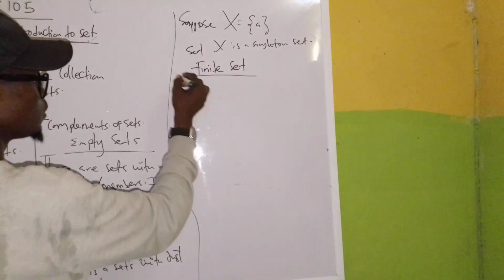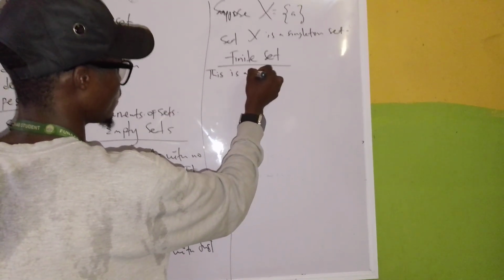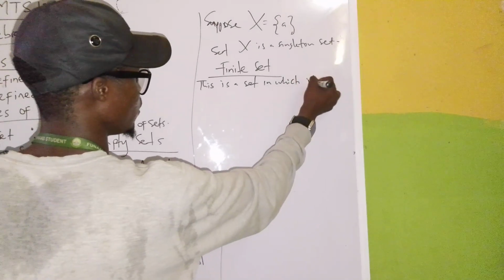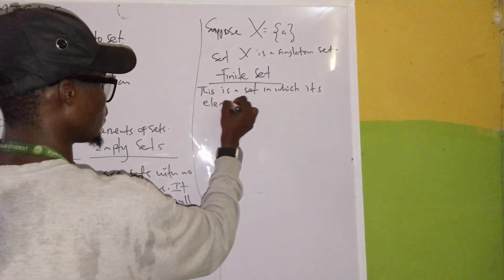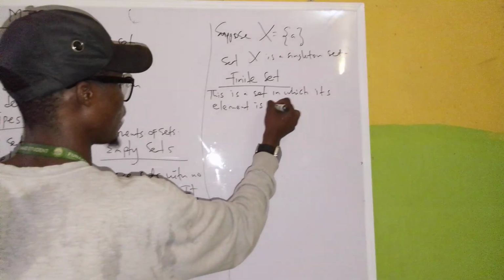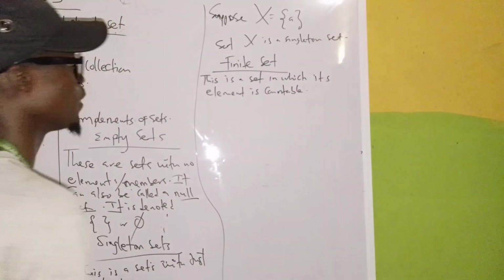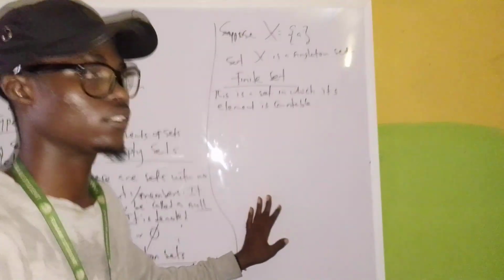Now, this is a set in which its elements are countable. So a set in which its elements are countable is what we call a finite set.